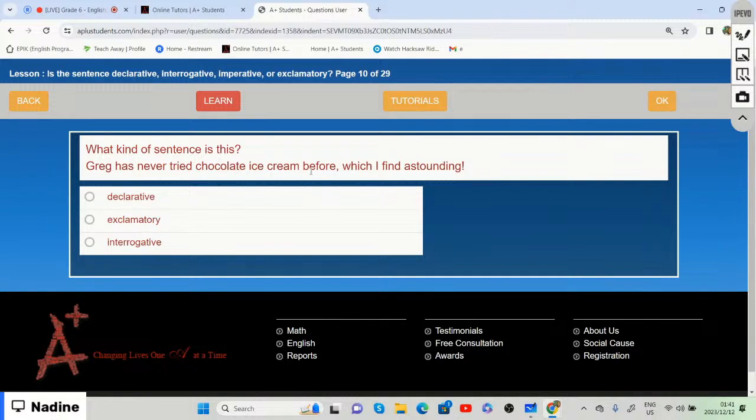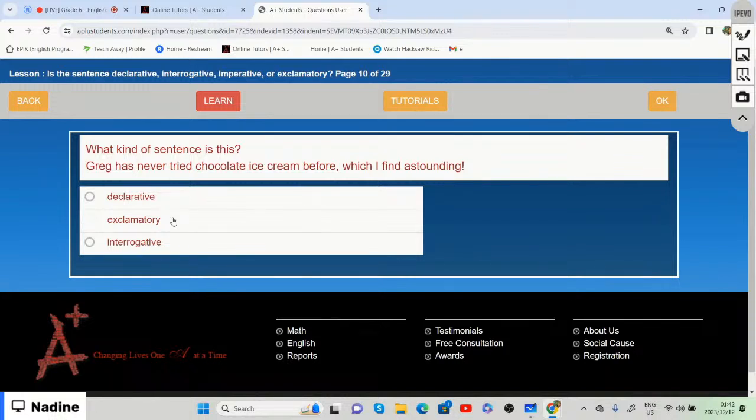which I find astounding. So Greg has never tried chocolate ice cream before, which I find astounding. Is this a declarative sentence, exclamatory, or an interrogative?